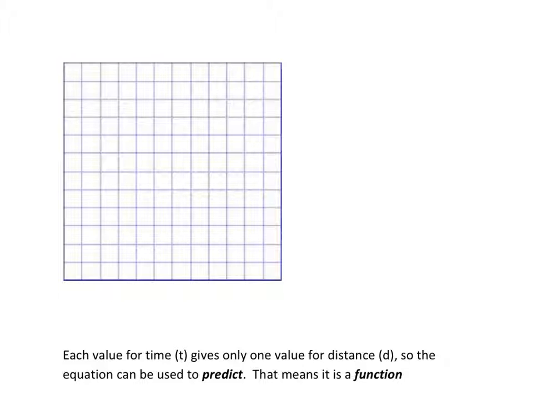So now let's look at this distance and time equation again. Distance equals rate times time. So let's say you're walking casually down the street and the rate that you're moving at is 2 miles per hour. So let's draw some axes on here.